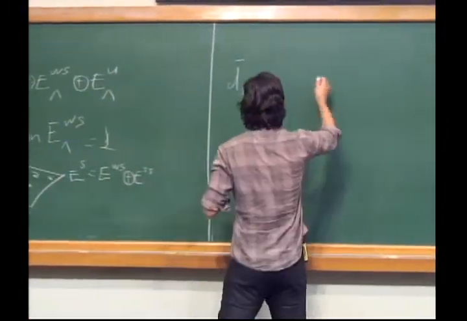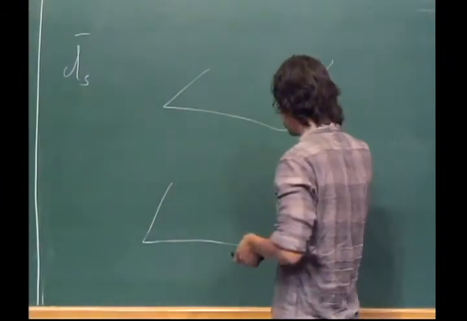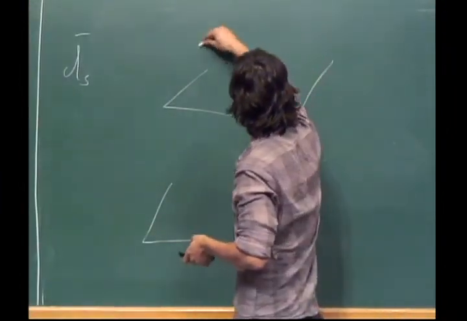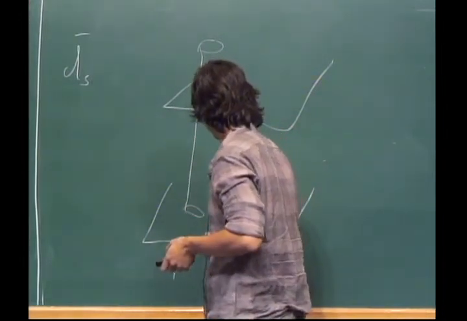You have the horseshoe and Markov partition, and you take an advanced iterate of it.